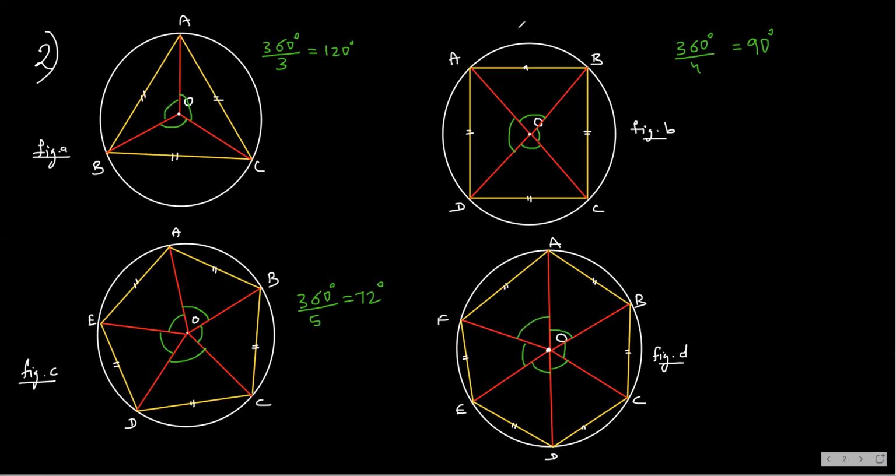The central angle that you will have is 360 degrees, and it is divided into 6 equal parts. So each part is 360 upon 6, that is equal to 60 degrees. So what you can say is that the angle subtended by the sides of a regular hexagon inscribed in a circle at the center of the circle is 60 degrees each. You can draw it and write it.